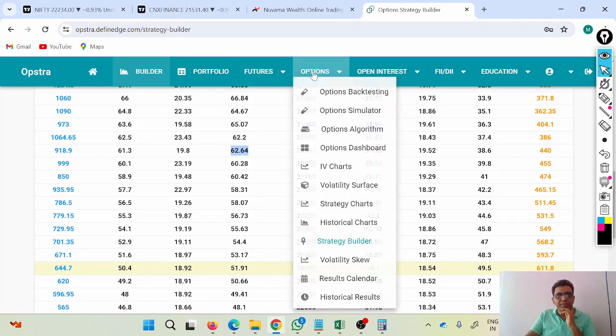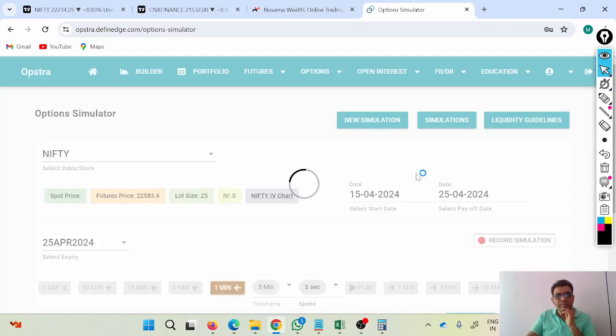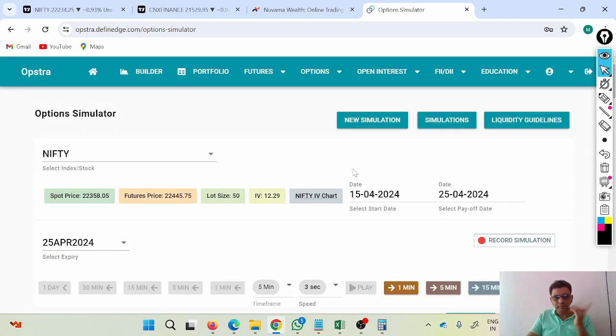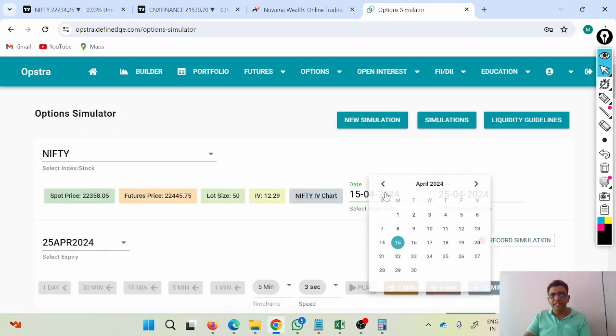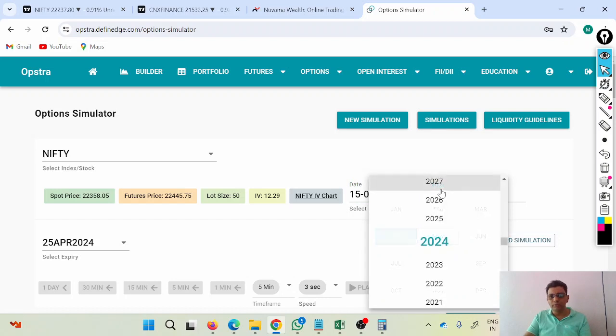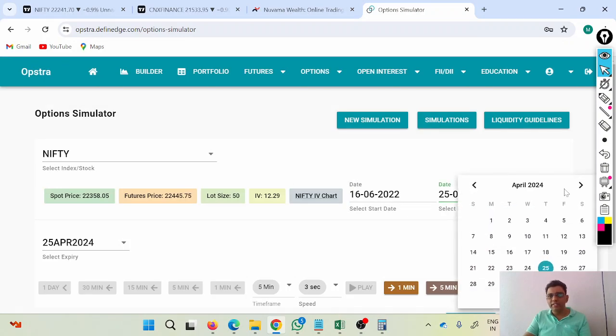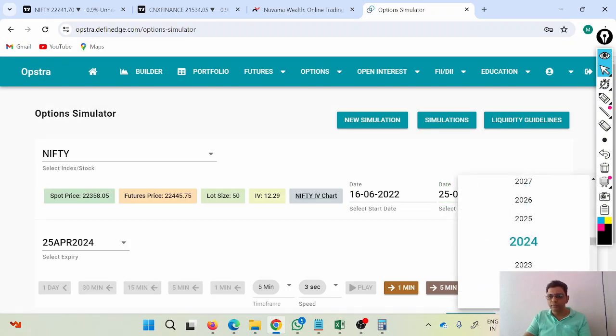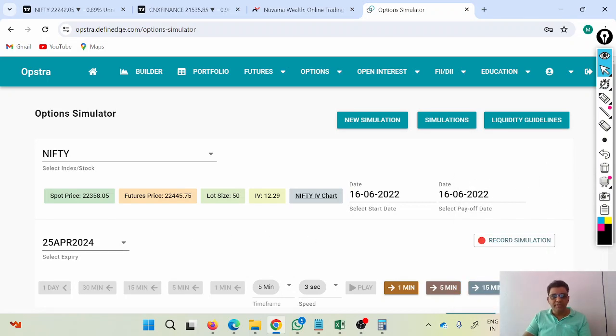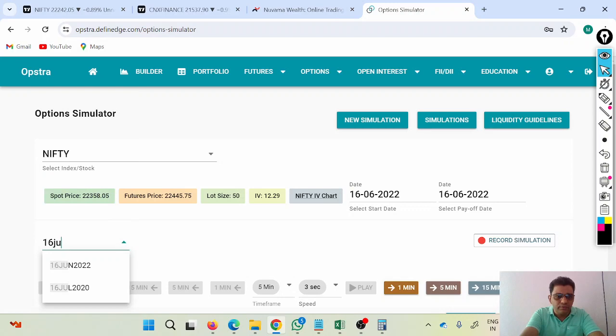So let's go to the options simulator, and I will show you how things had worked. I select Nifty, I will select 16th of June 22. Payoff date, I will select the same, 16th of June, and I will select again the same expiry, 16th of June.